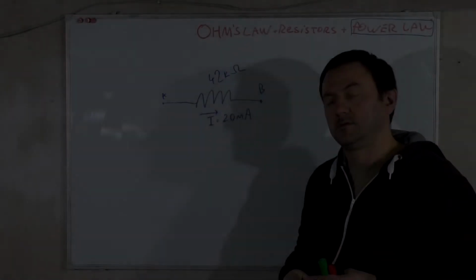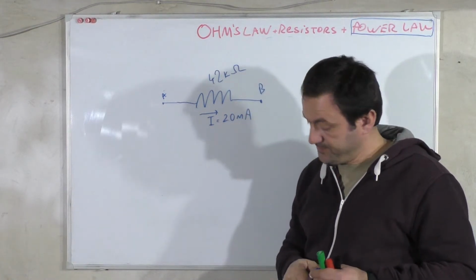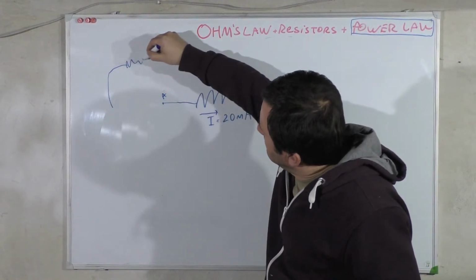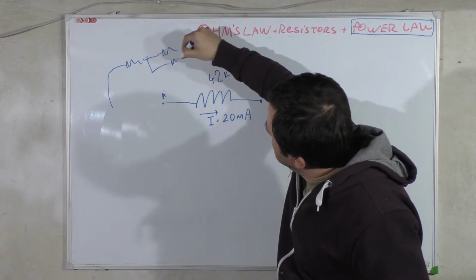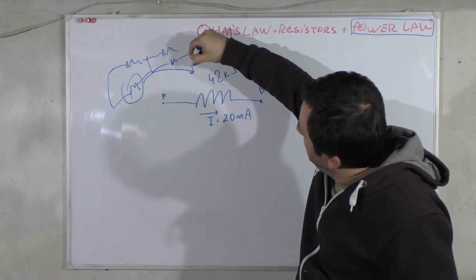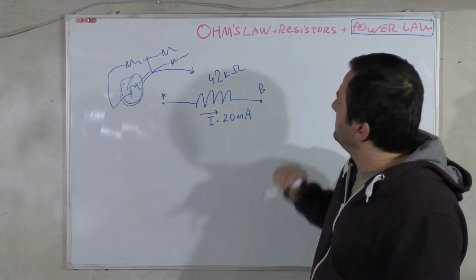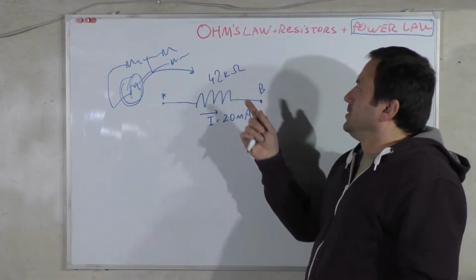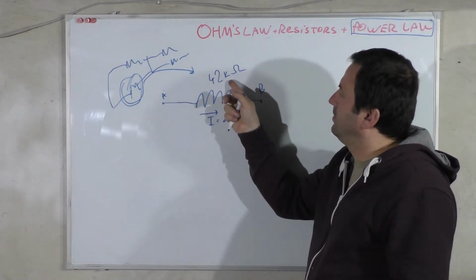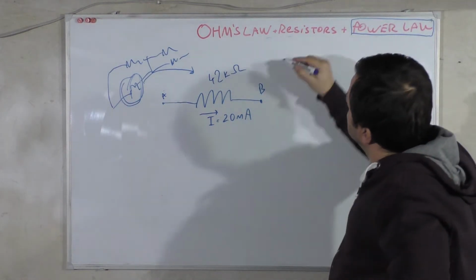Before we burn out the resistor, I'm going to give you one more example. It can be any part of any circuit, and we are just investigating some part of the circuit, for example between A and B. Our fixed resistor there, we know its value, 42 kilo ohms.